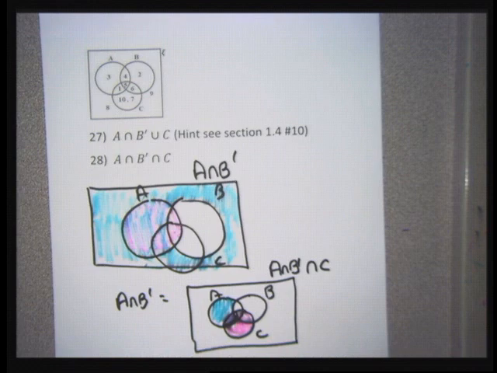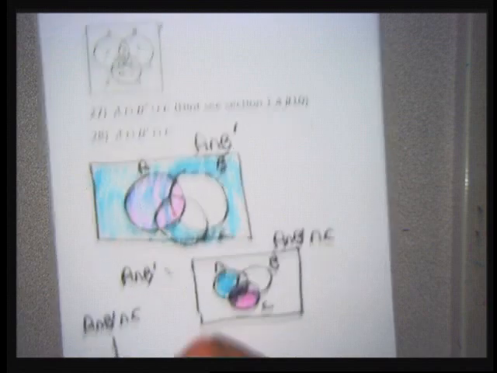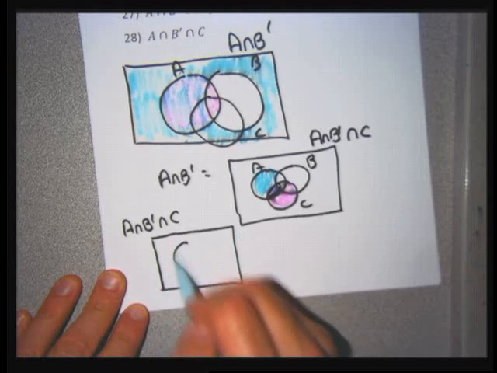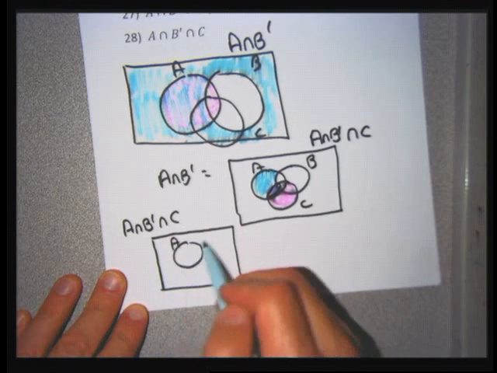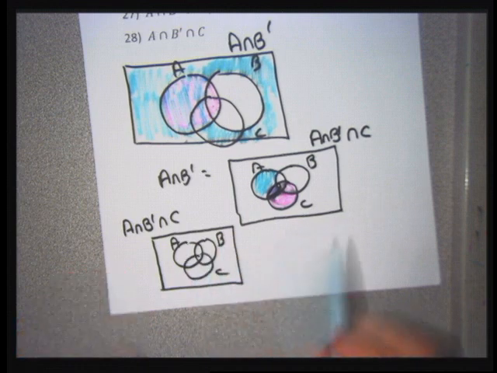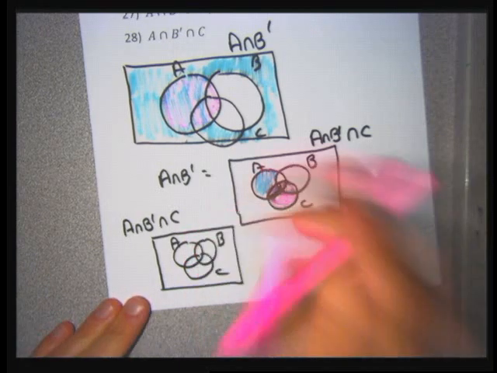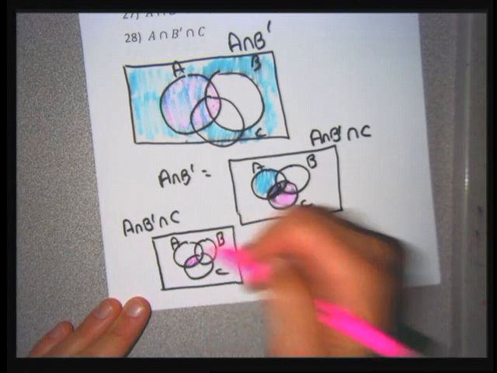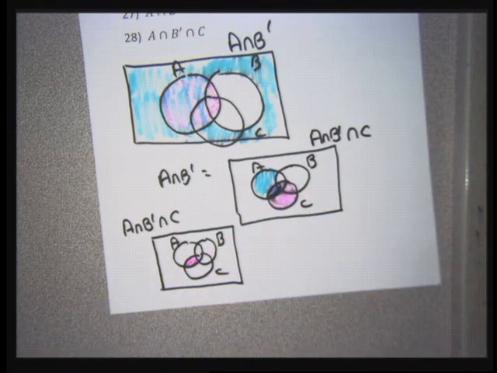So A intersection B prime intersection C, as a picture, with the A circle, the B circle, and the C circle, is just this little region right here. That's the region that I need to apply to the diagram.